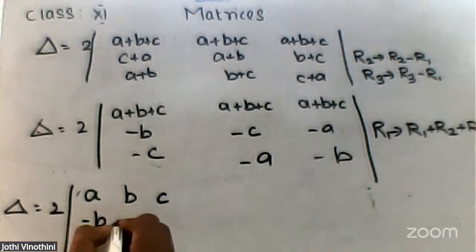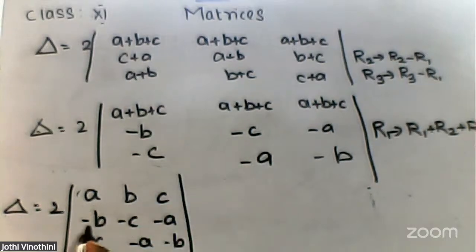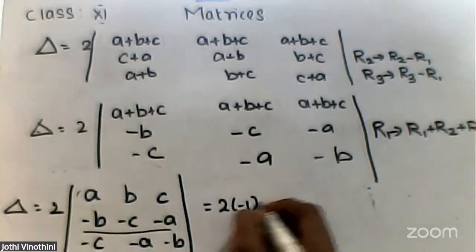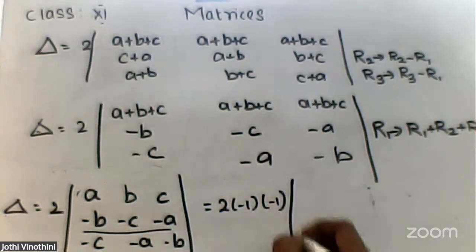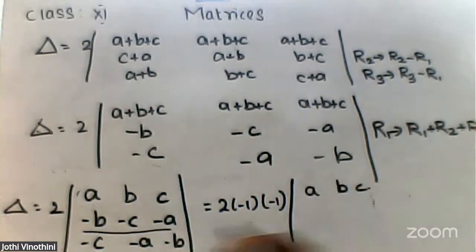And here it will be minus B minus C and minus A. Minus C minus A and minus B. In this row and this row, what do we have in common? We have minus 1 in common. So I am taking this out. So it will become 2 multiplied by minus 1 multiplied by minus 1. In R1, A, B, C remains the same.